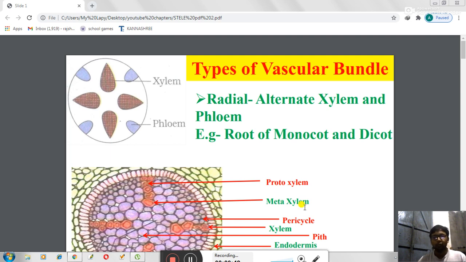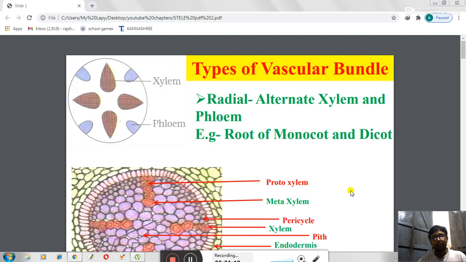So let's start. Today we'll discuss the differences between monocot and dicot stems and roots. What are the functions of the different anatomical parts and cell layers like the endodermis? Why are they called starch sheaths, and why are they called the suberized layer?